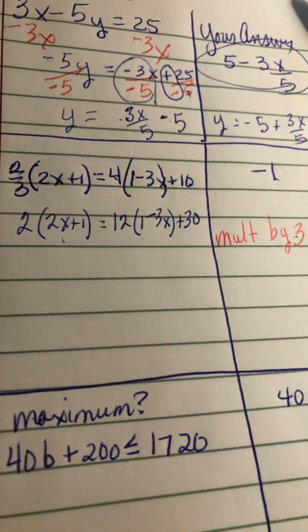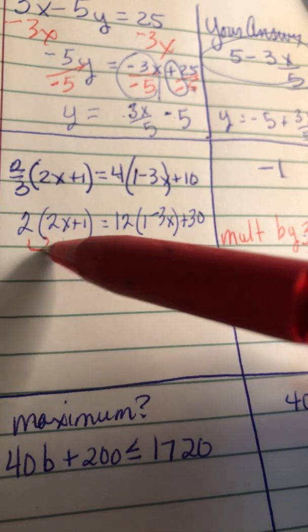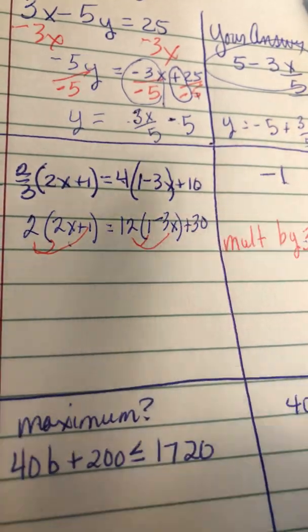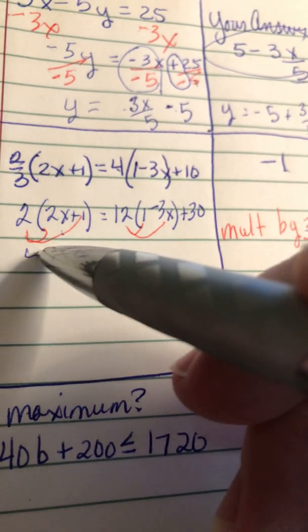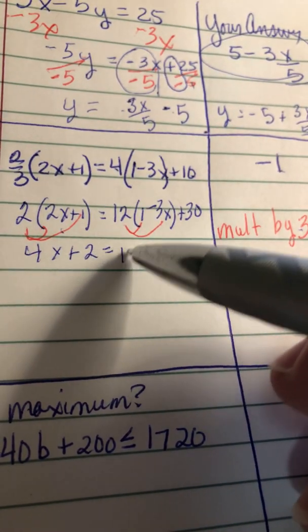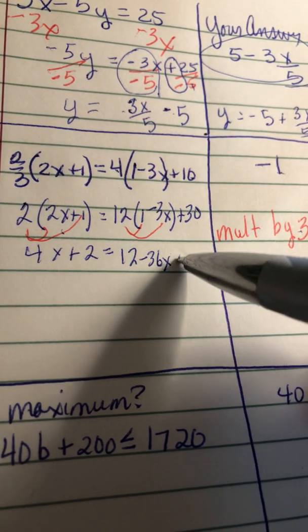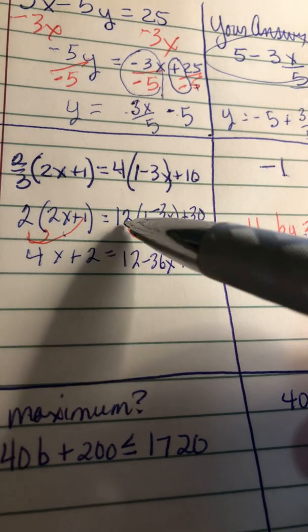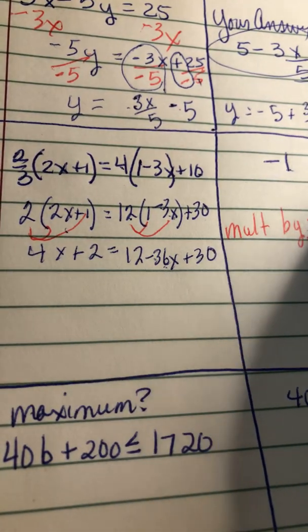Then when we distribute with multiplication here, we're going to get 4x plus 2 equals 12 minus 36x plus 30, because a positive times a negative gave us the negative 36.